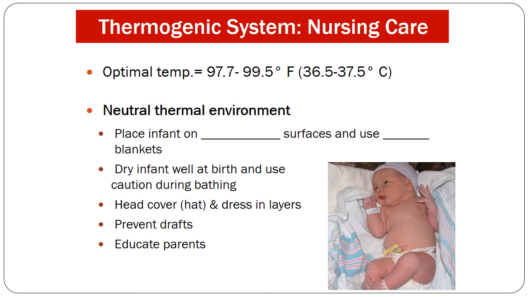Cover the head. Remember, their head is disproportionately larger than the rest of their body, and dress in layers so we can add things or decrease things as needed in the delivery room. And of course, we want to educate the parents about how to dress baby.